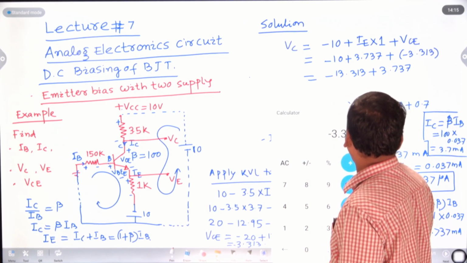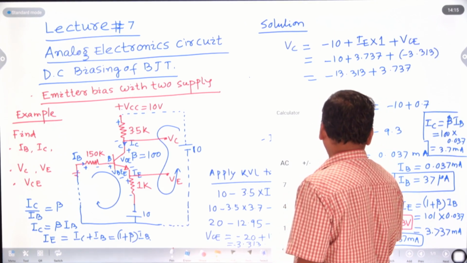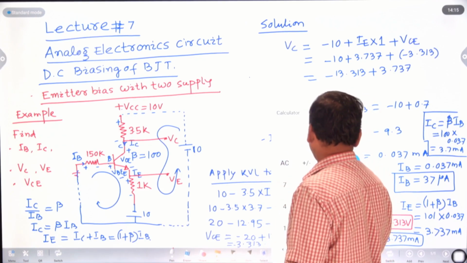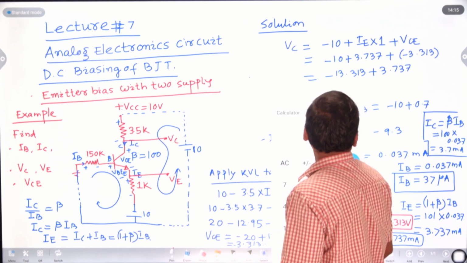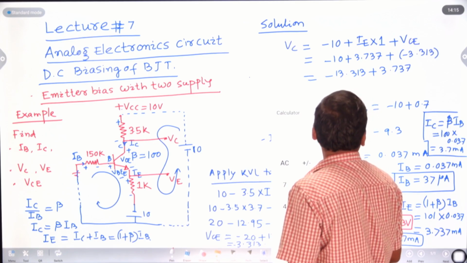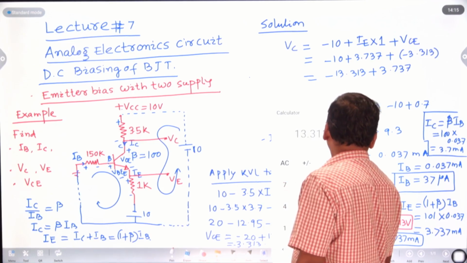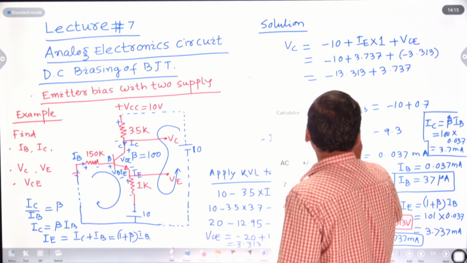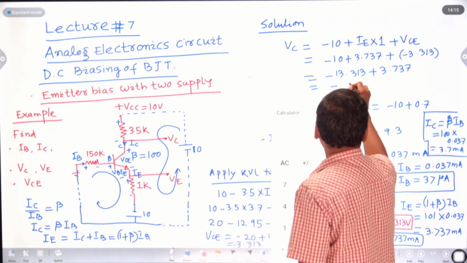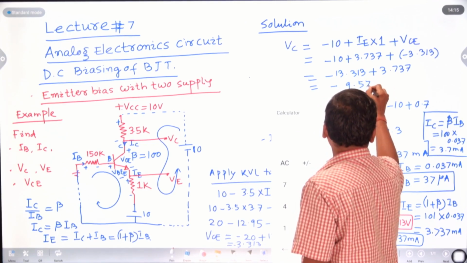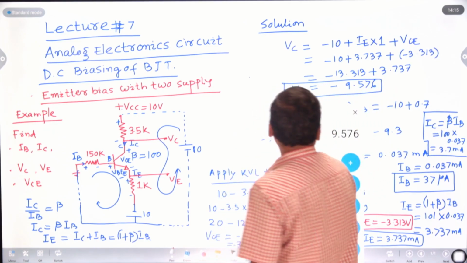Minus 13.313 plus 3.737, this is minus and this will be plus, so it becomes minus 9.576. So the collector potential VC equals minus 9.576.